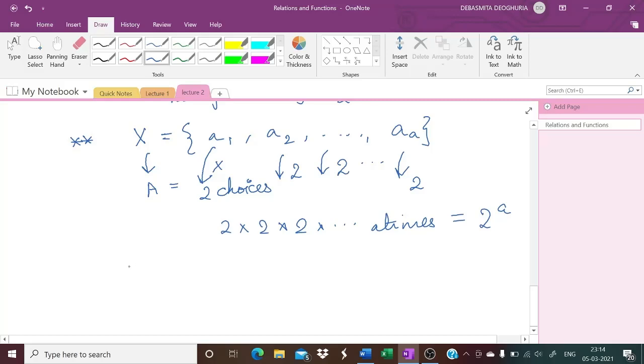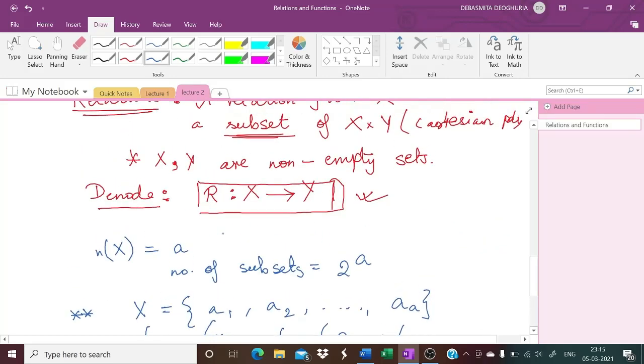So now you have understood that a set X of n elements will have 2 to the power n subsets. Now let's talk about the relation thing.